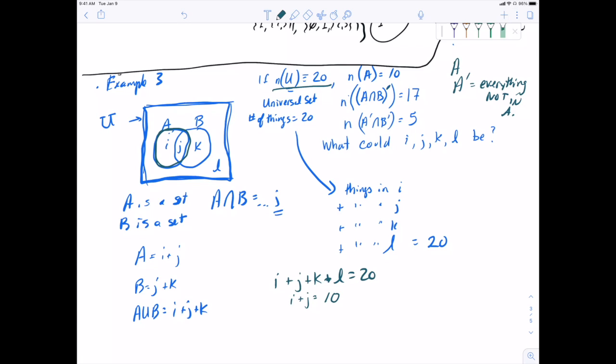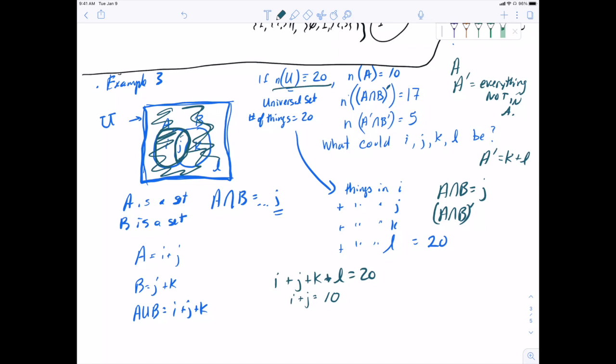So if A intersects B, and then we're going to have to take this not thing. But let's see, A intersects B is J, right? If that's A intersects B, then everything outside of it is all this stuff.